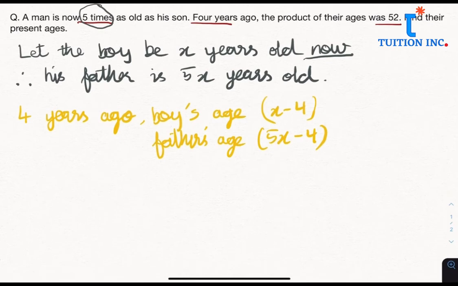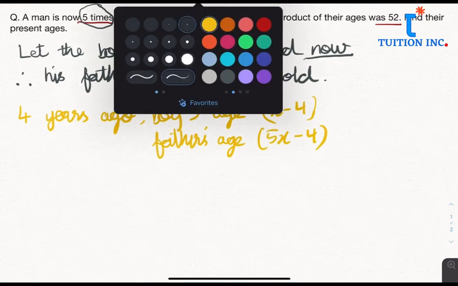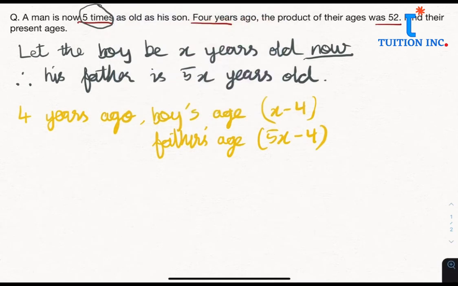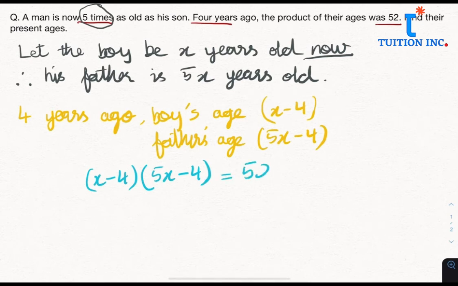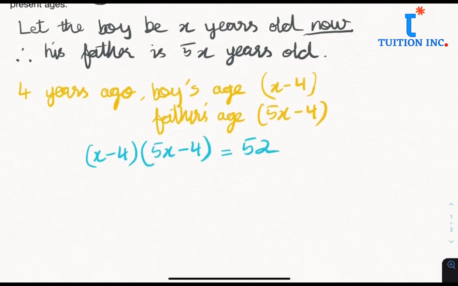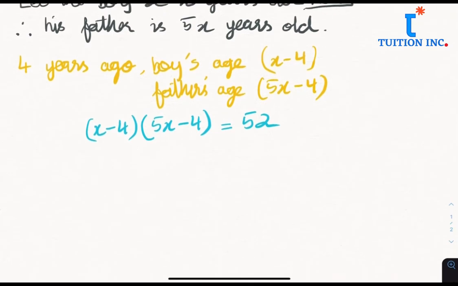Now, the second part of the question is that the product of their ages 4 years ago was 52. Now it's time to form the equation which is the basis of our question. So x minus 4 multiplied by 5x minus 4 is equal to 52. Now let's solve this equation.